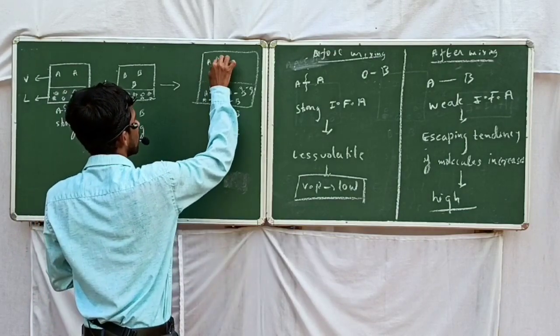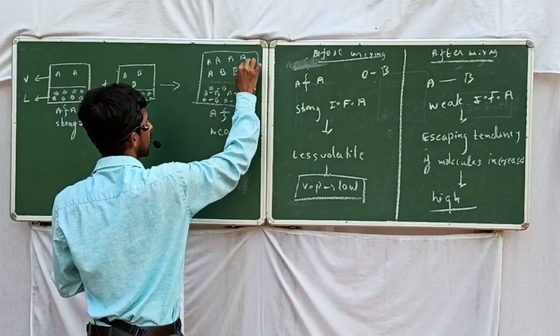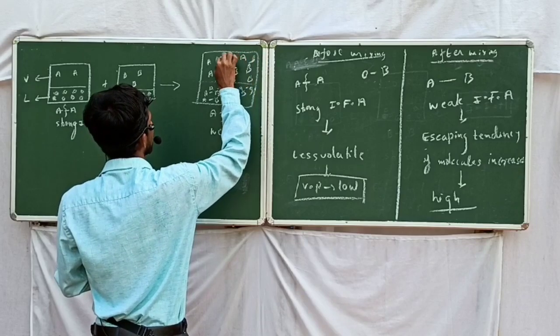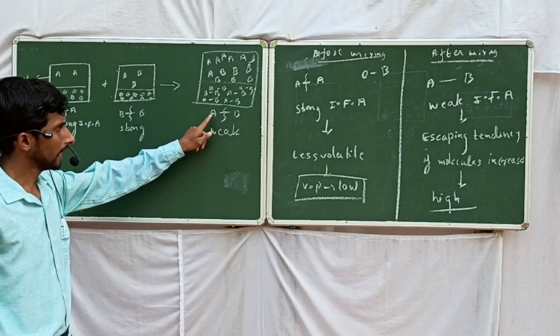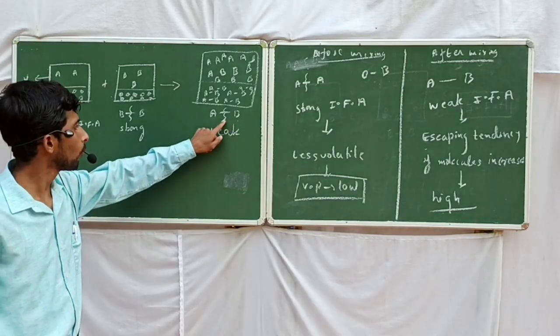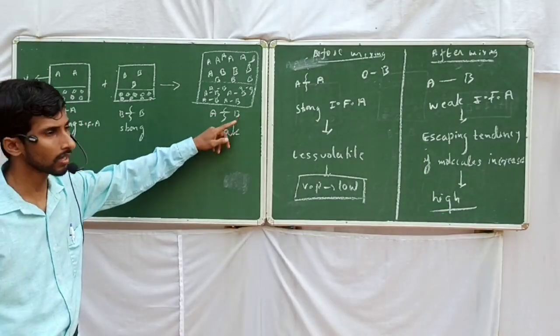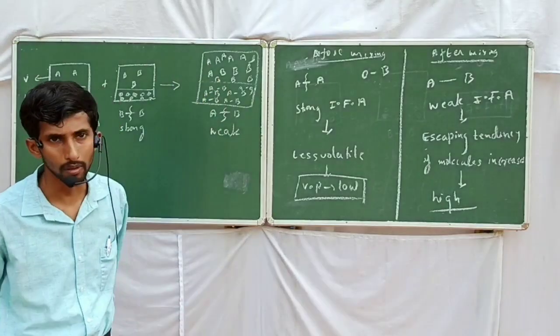More number of A and B will escape to the vapor phase. Clear? Because AB interaction is very weak, they will overcome that force of attraction very easily. So more A and B molecules will separately escape to the vapor phase.